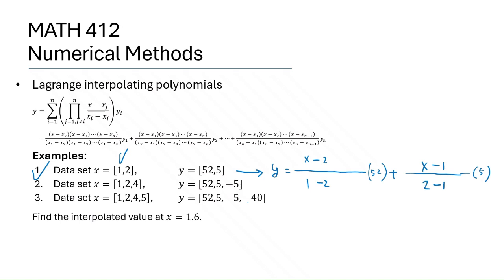Yes, that's it. And if you want to simplify it, that's negative 52 times x minus 2 plus 5 times x minus 1. Yes, that's it.